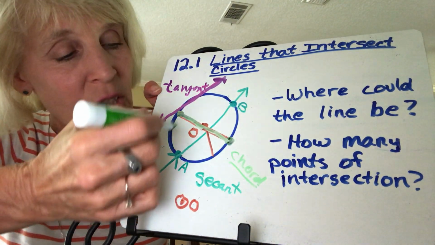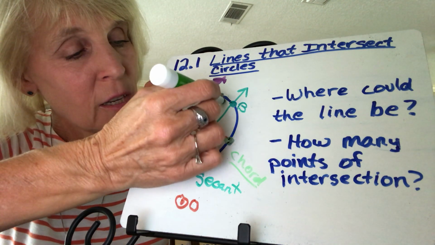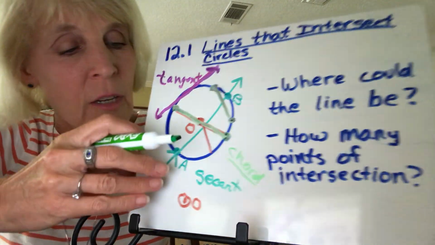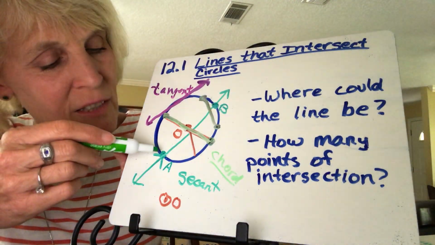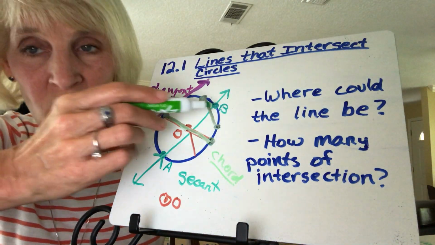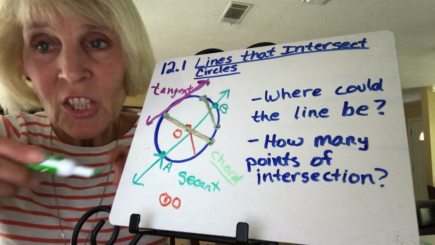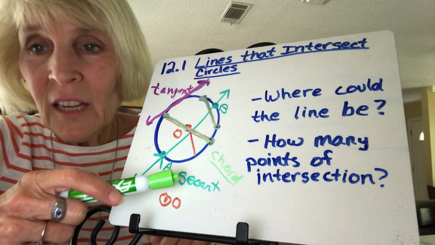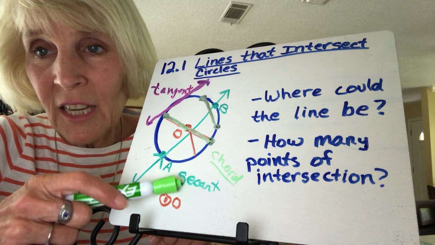But that's the longest chord. I could have a chord here. As long as it starts and stops on the circle, it's a chord. And I also could say that segment AB is a chord because that's a segment that starts and stops on the circle. So you could say then that a secant is a line that contains a chord.